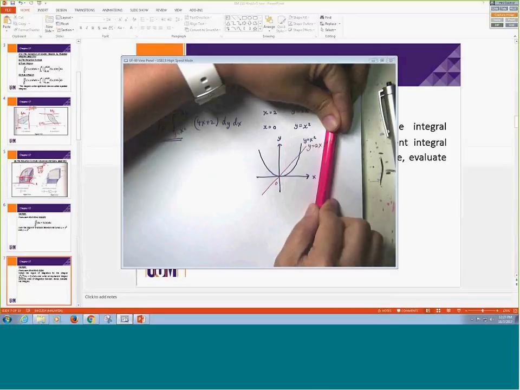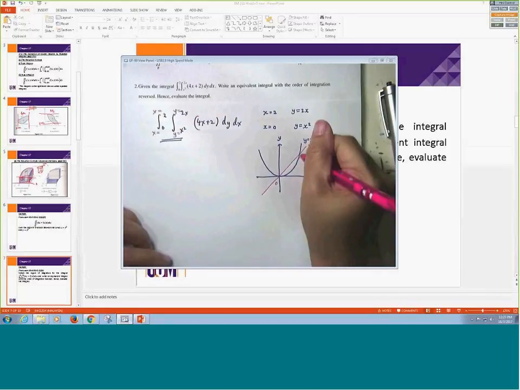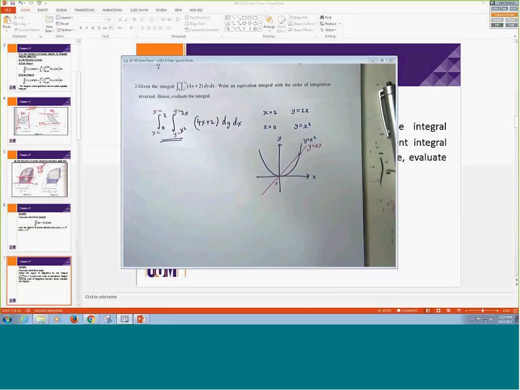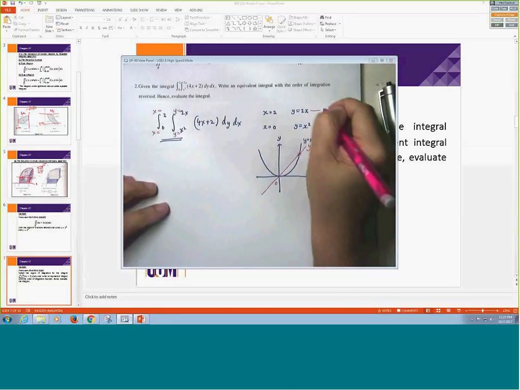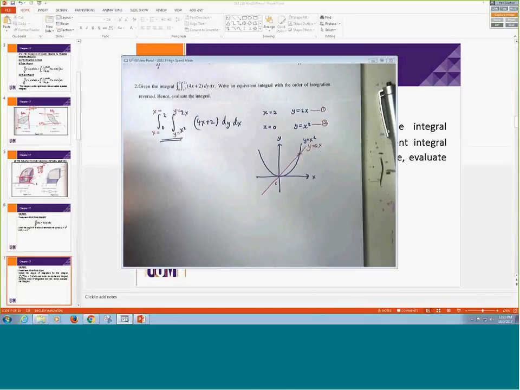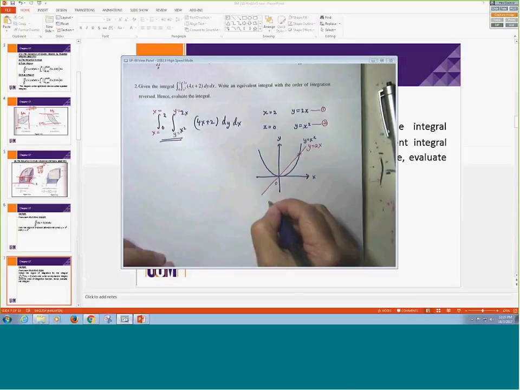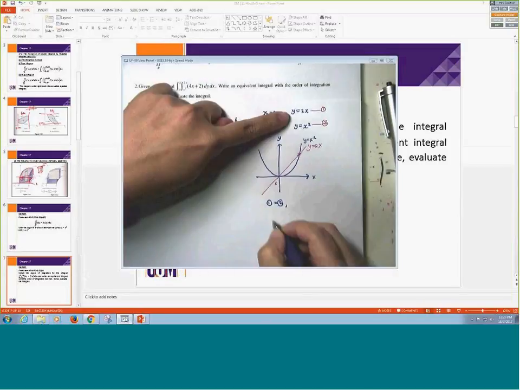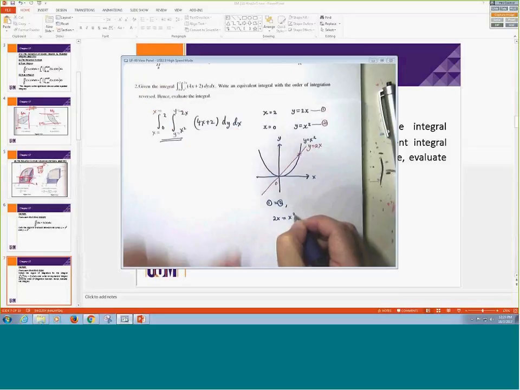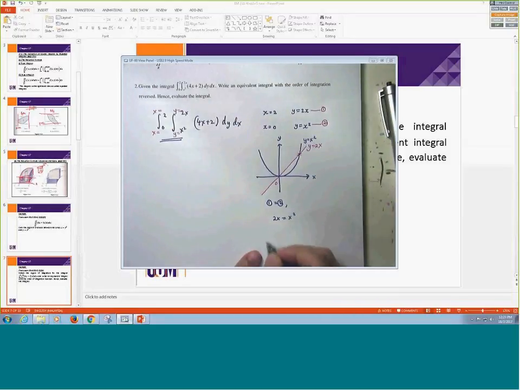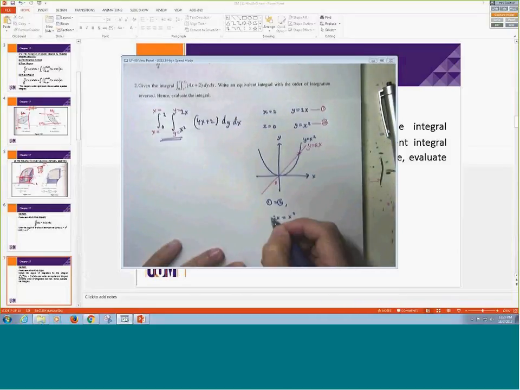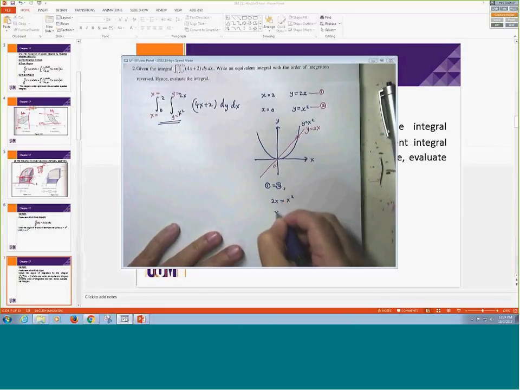So in order to confirm it, I find the intersection point. I have the first equation and the second equation, and then set the first equation equal to the second equation. I have 2x equals x squared. And again, don't divide by x, but do the factorization. x squared minus 2x equals 0. Factor the x, we have x(x minus 2).